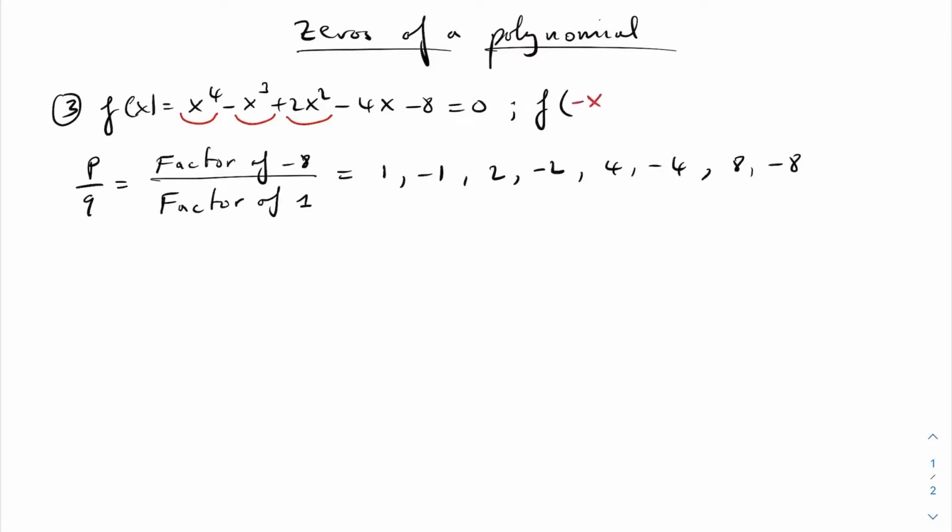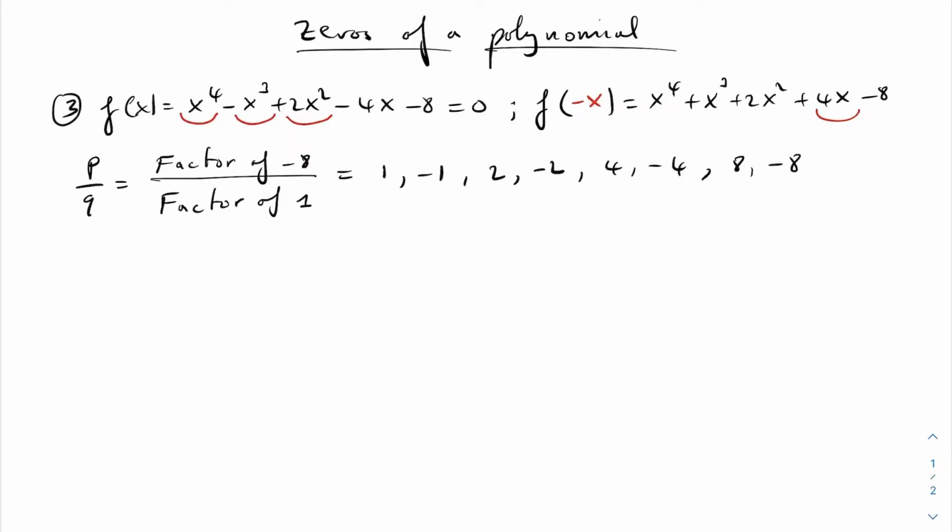And if you look at f of negative x, that's going to be equal to x to the power of 4 plus x to the power of 3 plus 2x squared plus 4x minus 8. And you see that this has only one sign change. What that means is that our polynomial only has one negative real zero, and that's it.